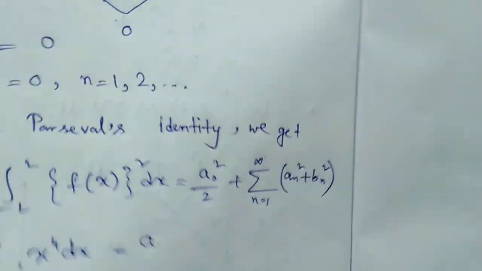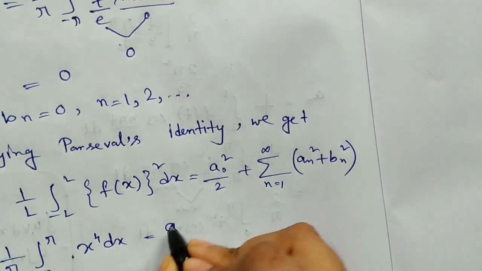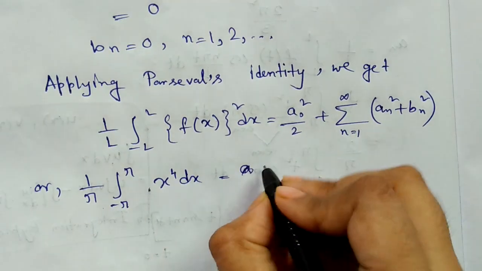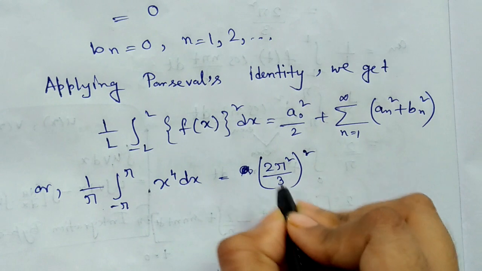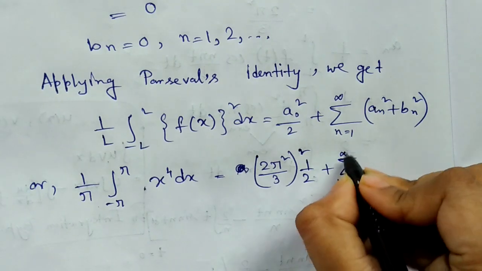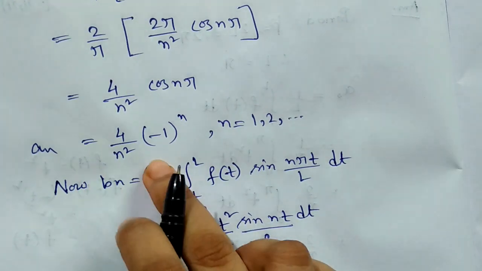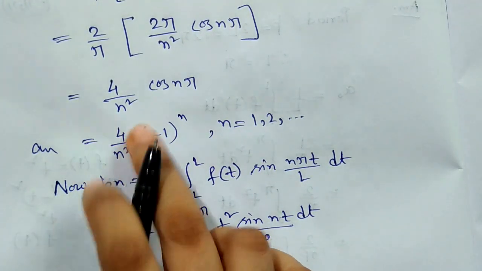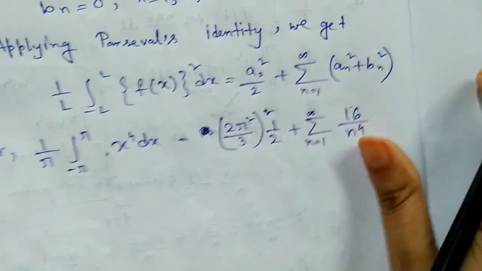Okay, see the value of a0, 2 pi square by 3. 2 pi square by 3 whole square, this 1 by 2 plus summation n equal to 1 to infinity an square. Okay, bn is 0 and an is this, an square means 16 by n to the power 4. So 16 by n to the power 4.